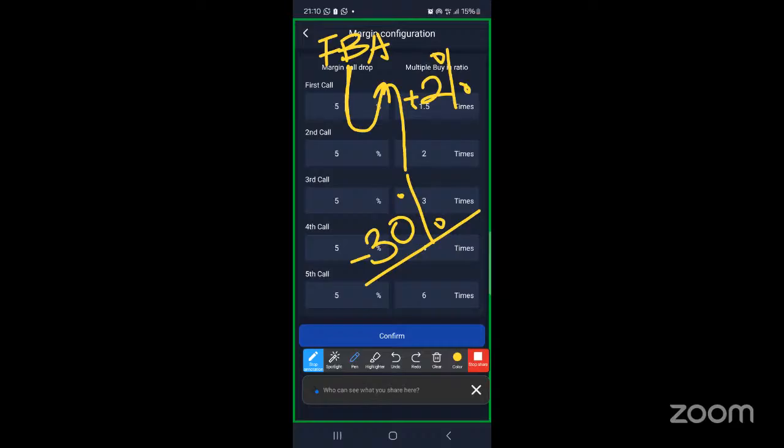No, 6 orders. If we want to make 6 orders, one first buying amount plus 5 margin calls, those are 6 orders. I am going to place my first 4 orders out of the 6 within negative 5%.